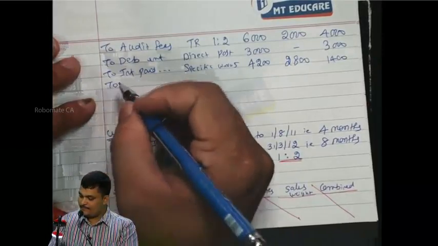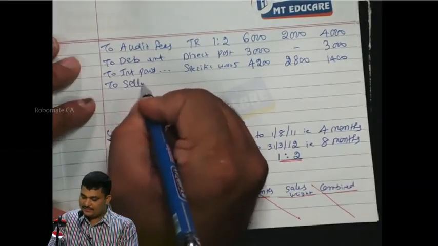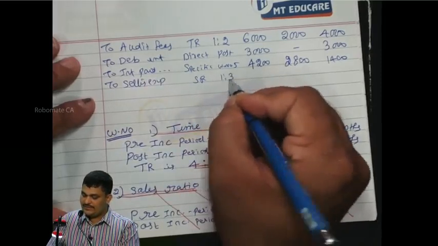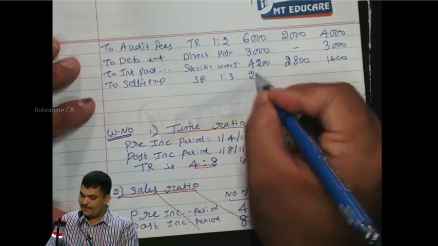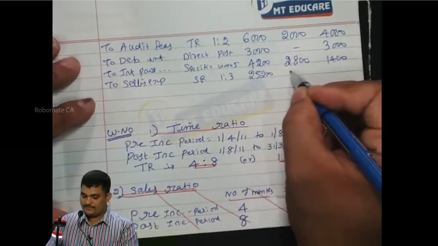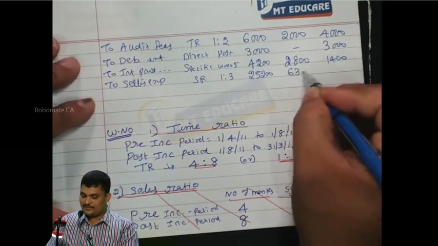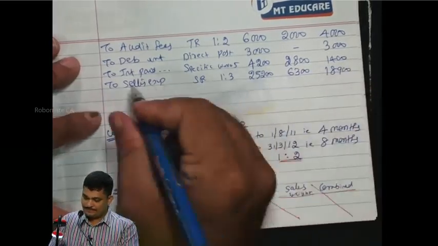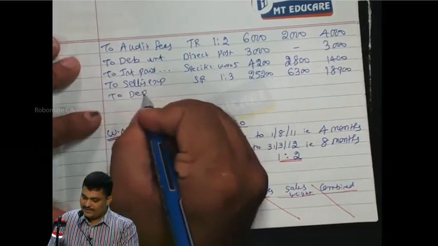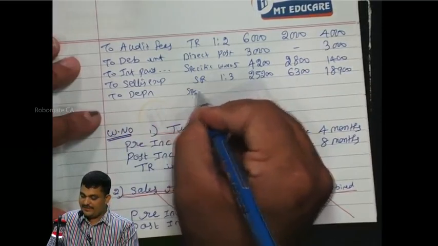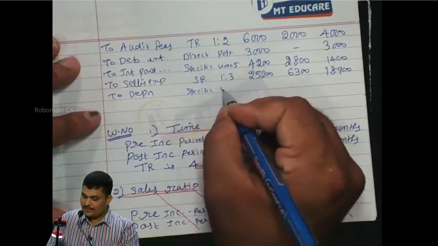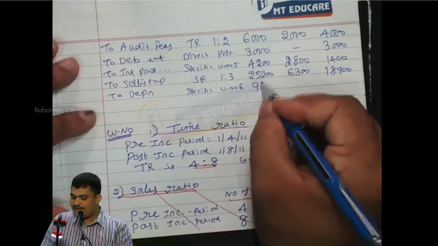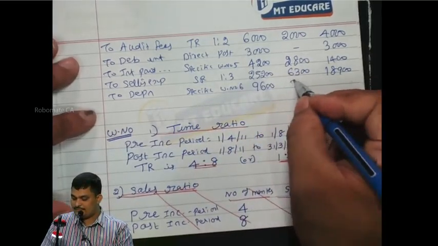Next, selling expenses, sales ratio 1:3, 25,200, 6,900. Then depreciation, specific, working note number 6, 9,600.